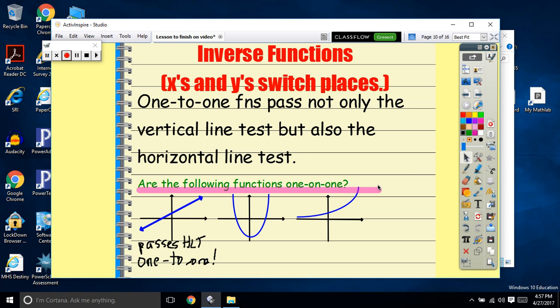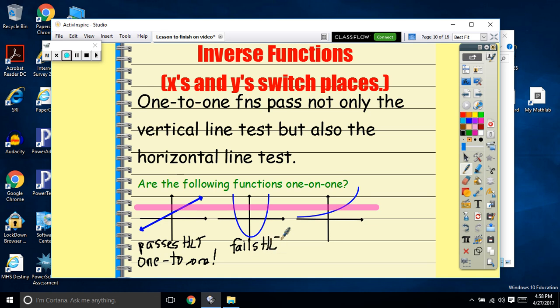Now, I'm going to take my pink line down this time. Watch it go down. Oh, look. I'm going down the parabola right now. Do you see that that pink highlight line is touching the parabola here and here? Therefore, my parabola fails the horizontal line test.